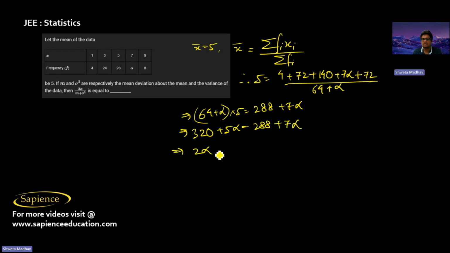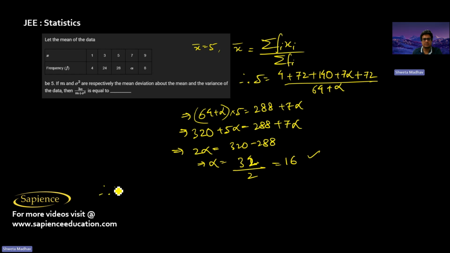Therefore 2 alpha is equal to 320 minus 288, so alpha is equal to 32 by 2, that is 16. So the value of alpha is 16.